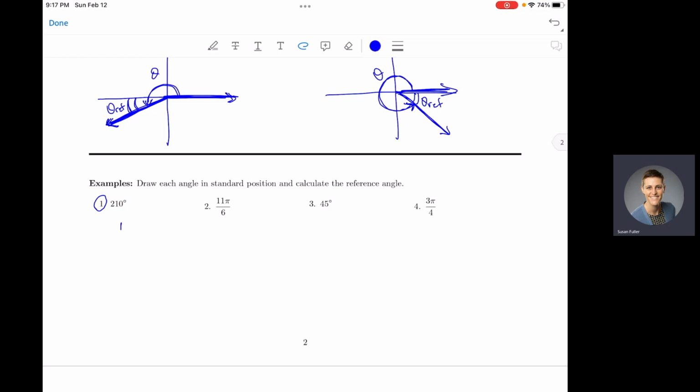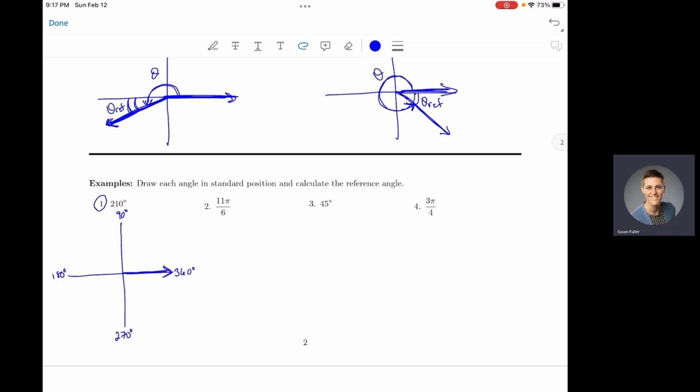210 degrees. This is in standard position. So my initial side starts here on the positive x-axis, and my terminal side rotates through 210 degrees. So we've got to figure out where this is. I know 90 degrees is up here, 180 degrees is over here, 270 degrees is down here, and then all the way around would get us to 360.